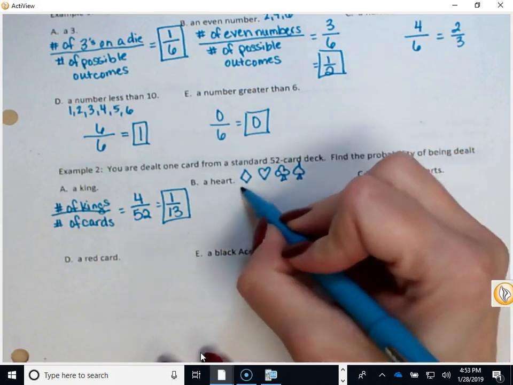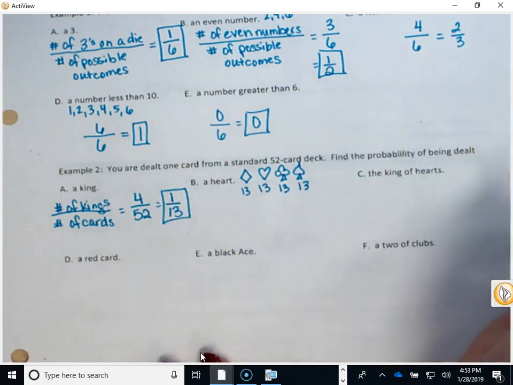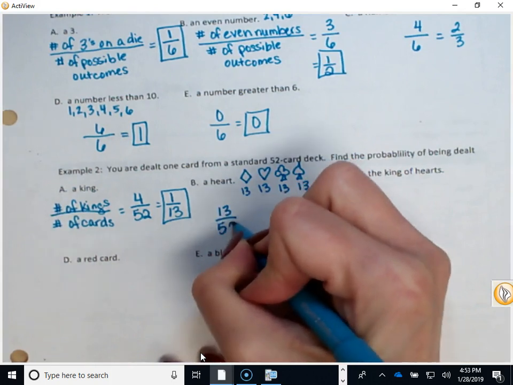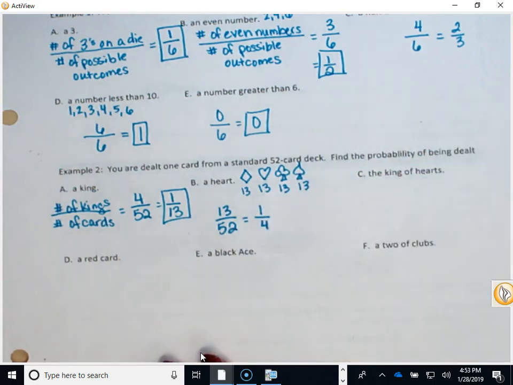So there's 13 diamonds, 13 hearts, 13 clubs, and 13 spades. So the chances of drawing a heart is 13 out of 52, which reduces to 1/4, as it should. You can see that they all have the same amount, so if hearts make up 1 out of 4 of those, it's 1/4.